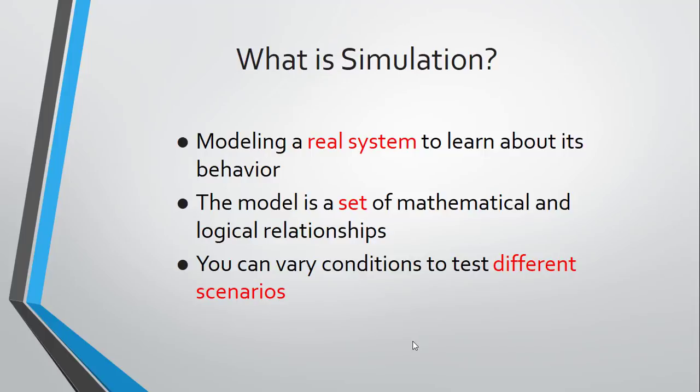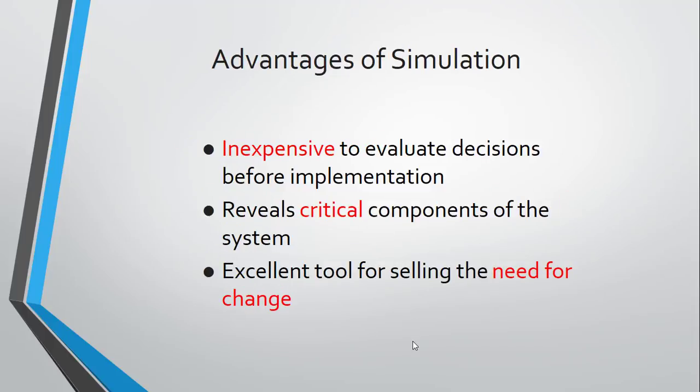You can vary conditions to test different scenarios, because on a computer, you can set different levels of different scenarios, and then see what the outcome is going to be. The advantages of simulation are that it is inexpensive to evaluate decisions before implementation, and to review critical components of the system. It's an excellent tool for selling the need for change.